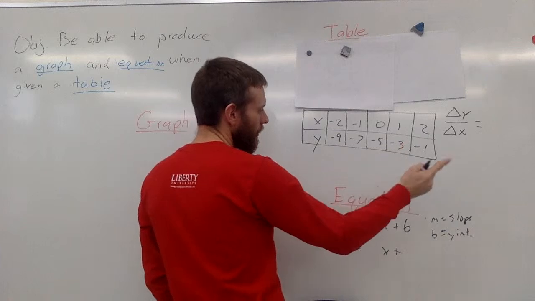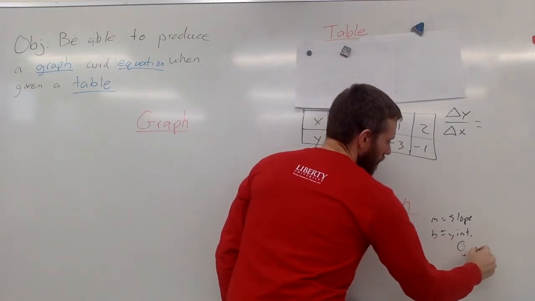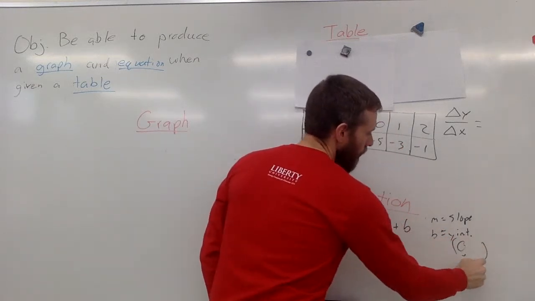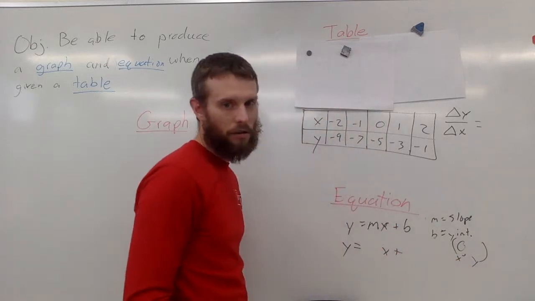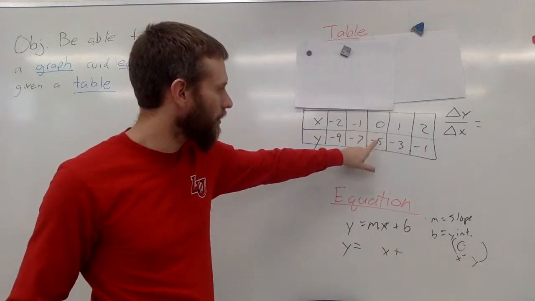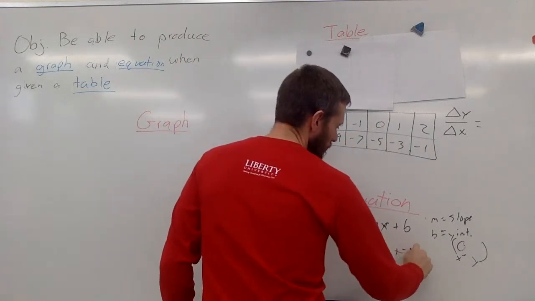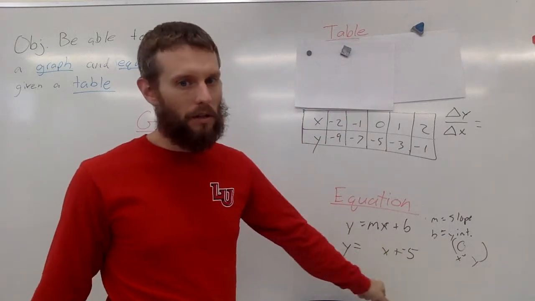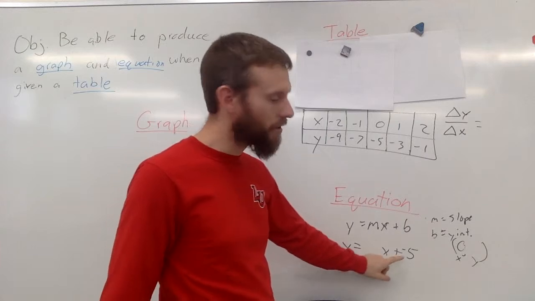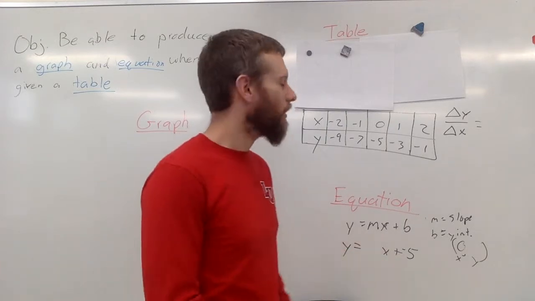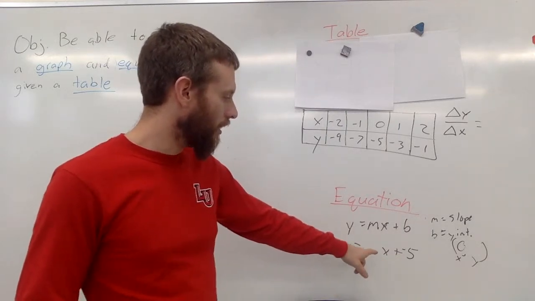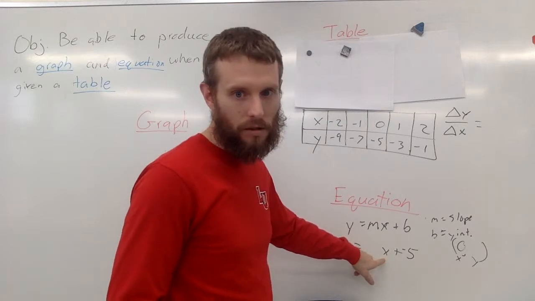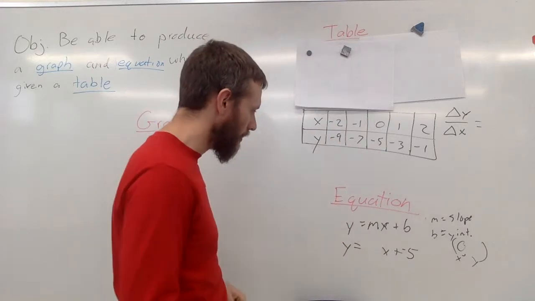Well, our y-intercept is (0, something). When x is 0, what's y? Well, when x is 0, y is -5. So, we write it plus b. If our b is -5, we could write x plus -5. Obviously, we already know that we could also just change this to say x minus 5. It means the same thing.